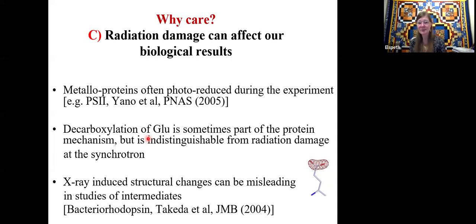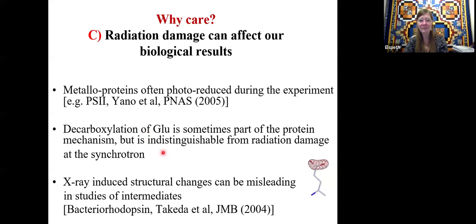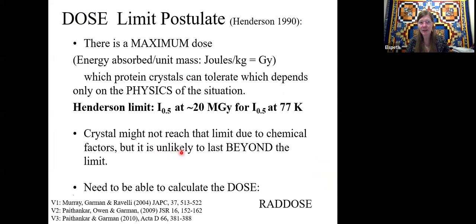And there's a group in Japan that have spent many years untangling the structural intermediates of bacteriorhodopsin, which is a very important membrane protein for our optical system, and trying to untangle that from intermediates induced by the X-ray beam.